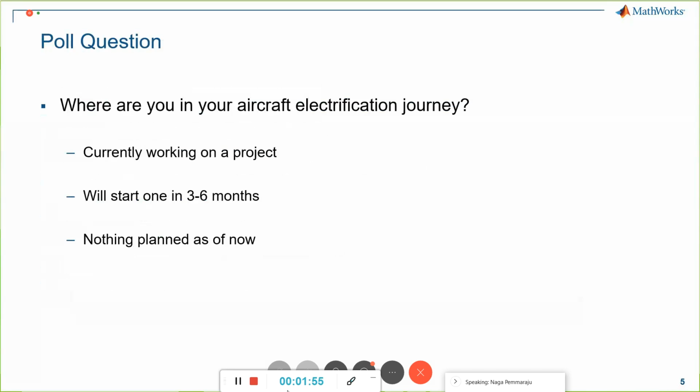Here's a poll question for you before we start. Where are you in your aircraft electrification journey? Are you currently working on a project, or are you about to start a project in the next 3 to 6 months, or nothing planned as of now?